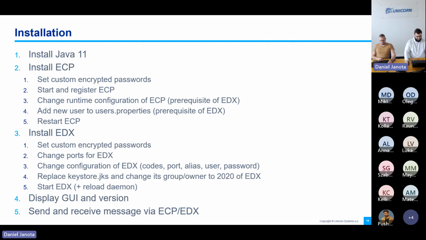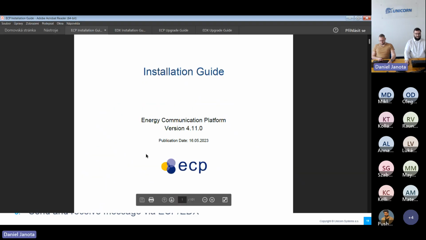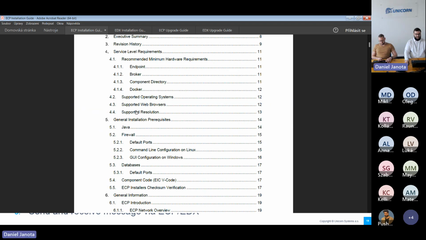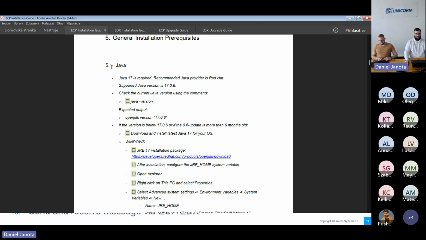So let's check the documentation. Let's check the installation guide, specifically chapter 5. There will be the description of 5.1, the description of Java 17 installation.